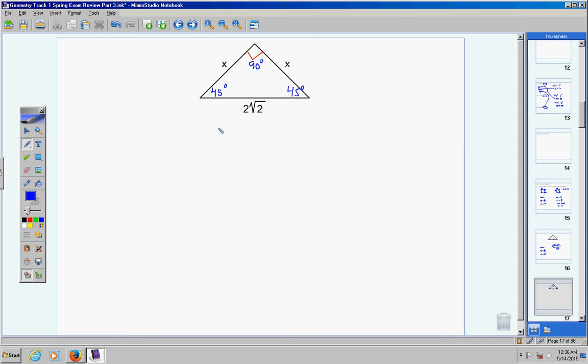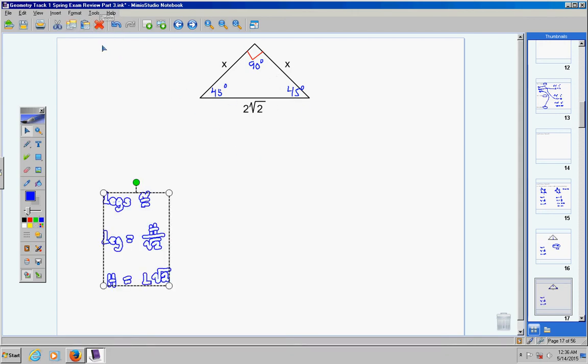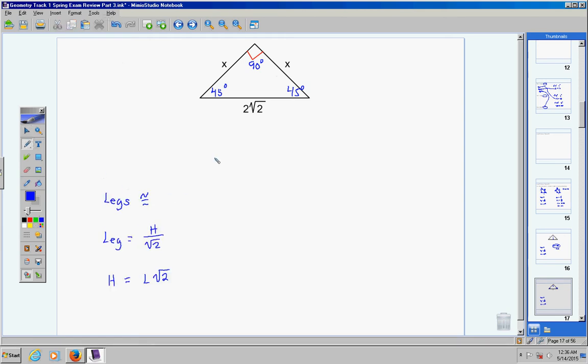Now, having done that, having shown you that we have a 45, 45, 90 triangle, then we can use our formulas for 45, 45, 90 triangle. So, I'm trying to find the length of a leg, okay? How do I find the leg? I take the hypotenuse and I divide it by the square root of 2. So here's my hypotenuse here.